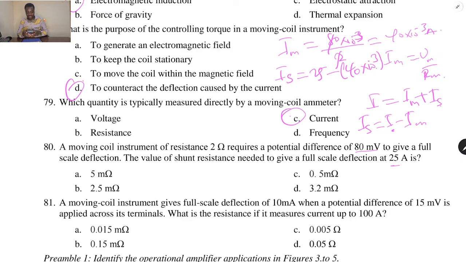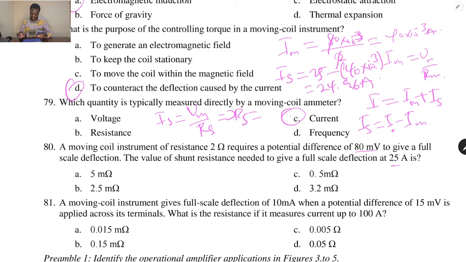So we have 25 minus 40 times 10 to the power minus 3, which gives 24.96 amps. Now we know the shunt current is equal to VM over RS, so we make RS the subject. This becomes VM over IS.